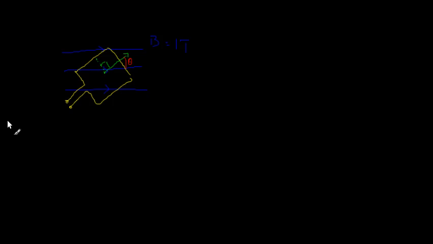And we know that the flux is given by B A, where A is the area of the square loop, times cosine theta.